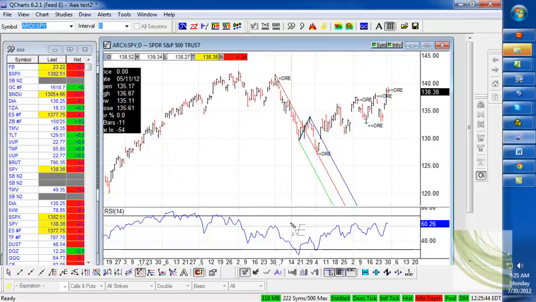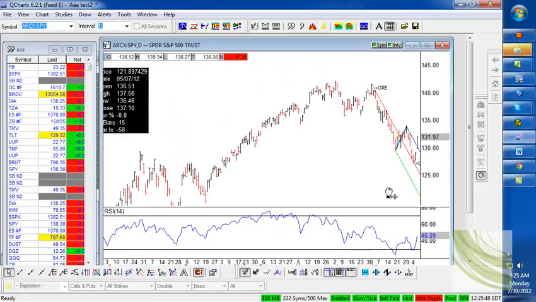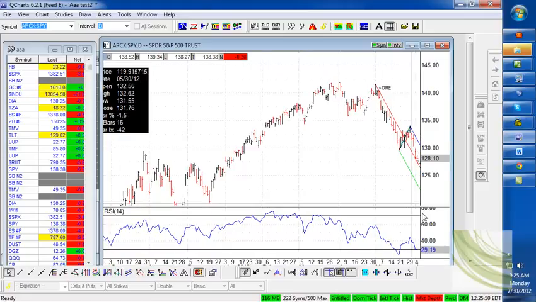So you're looking at what it's doing right at this moment if you're using some kind of overbought, oversold indicator. See, there's your divergence. Some people really like that. There you had divergence too, and there, and there.